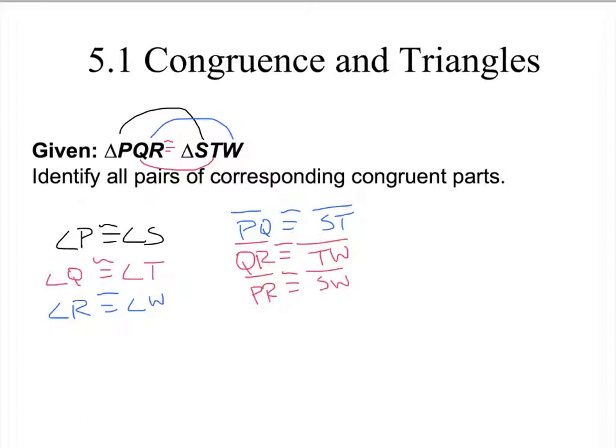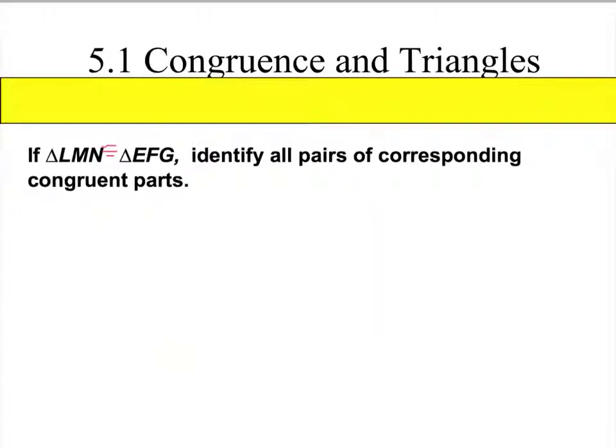Okay, so their positions in the congruent statements tell me what parts are congruent to each other, what angles are congruent to each other, and what sides are congruent to each other. So I want you to give this one a shot. It gives you the congruent statement, and I want you to identify all the corresponding parts, which means corresponding sides and angles. Please write this down. Pause now. Give this one a shot.